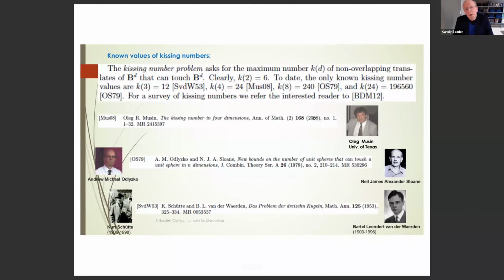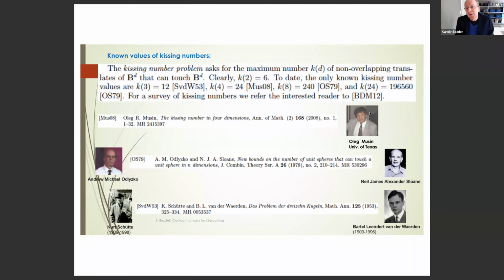Here's the complete list of exact values of kissing numbers of unit balls in d-space. K(d) is the kissing number, the largest number of non-overlapping unit balls that can touch a unit ball. In dimension 3, it is a classical result due to Schütte and van der Waerden from 1953. This number is 12.